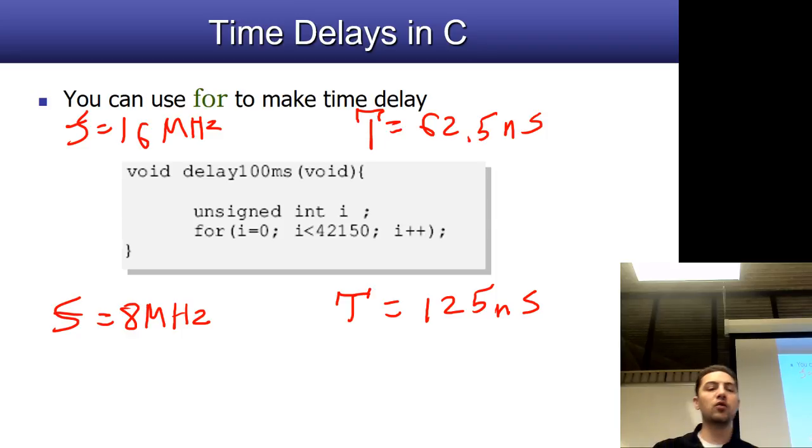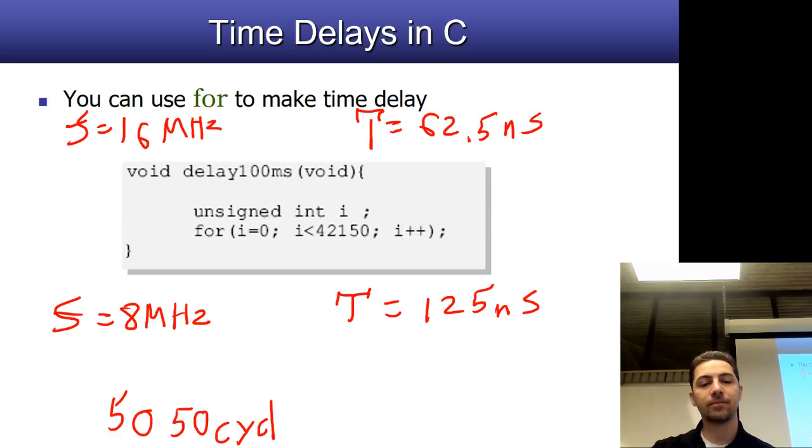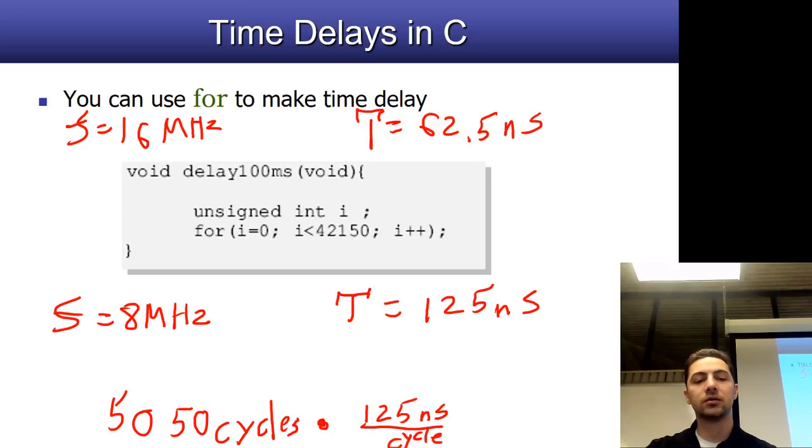So at the end of the day, if you find, and we had in our examples things like 5,050 cycles, then to figure out your time, you want to multiply that by 125 nanoseconds, or whatever, nanoseconds per cycle. Nanoseconds per cycle, so cycles cancels. You're left with a unit of nanoseconds.